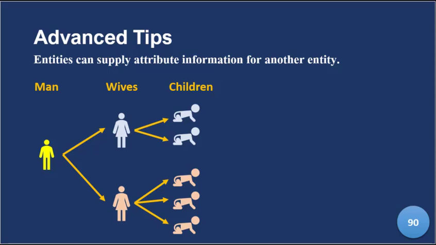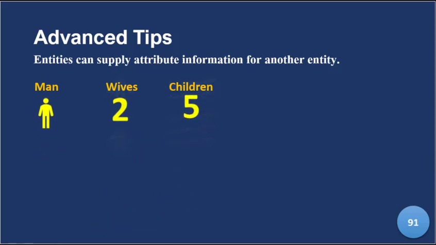But the point I want to make is that even though those are entities, the summary of those entities now forms the attributes. So the man has two wives and five children. In a data set, that's what you find. You can collapse some information from the wives and the children, and it can become the man's own. So basically, that's how it works.